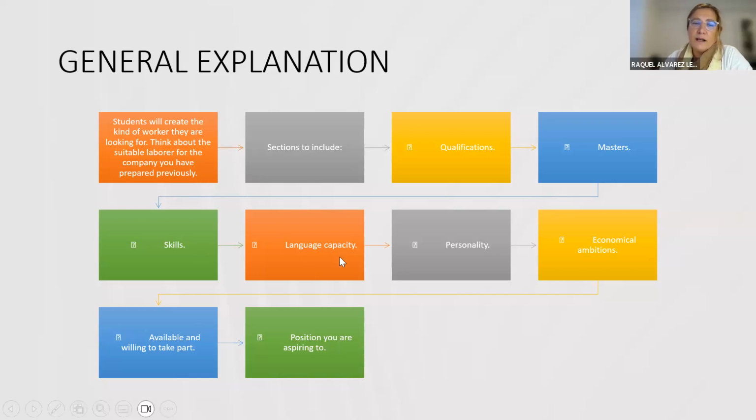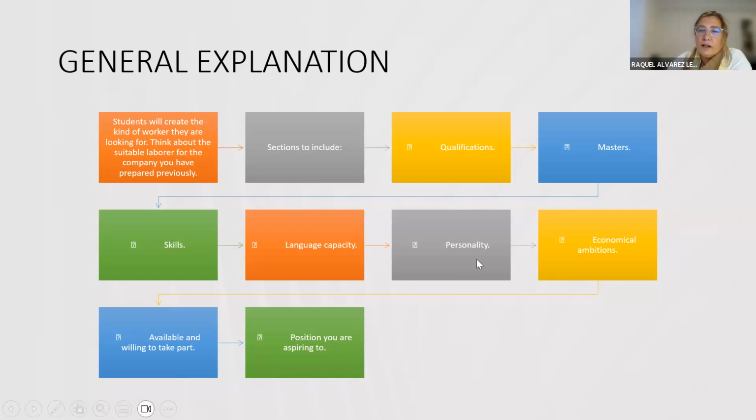So also, when I say language capacity, if it is okay for you to speak Spanish, or you would like to have someone able to speak another language, perhaps not English, or perhaps English is preferable, Spanish, French, Italian. Well, it depends also on the international or domestic expectations you have for your company.